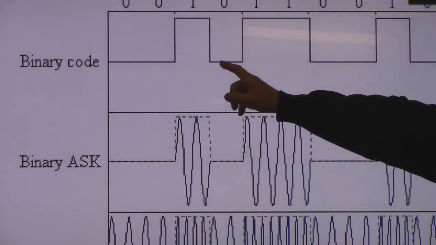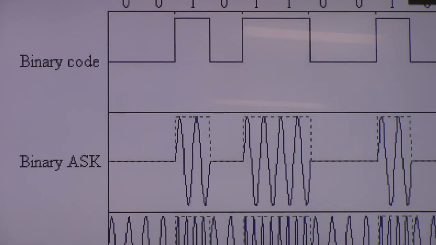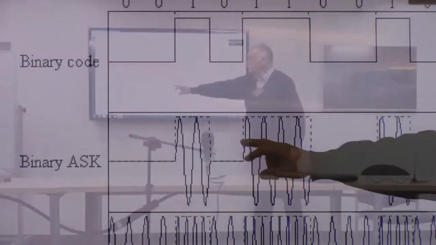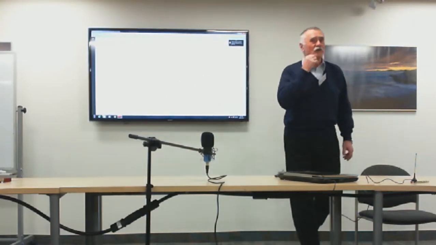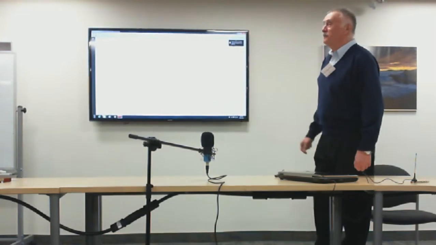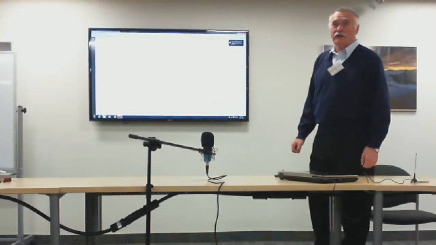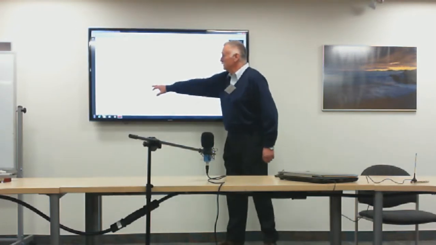Anyways, each time a binary 0 or a binary 1 is being sent to the modem, it would associate a packet or a grouping of cycles. This time it is called amplitude shift keying. Why amplitude shift keying? Because the amplitude is shifted.